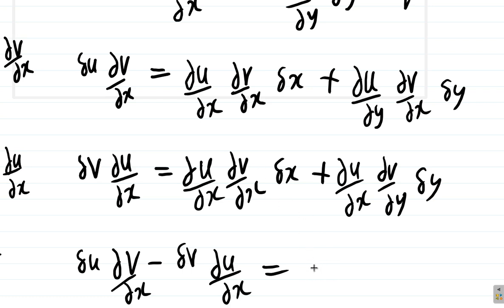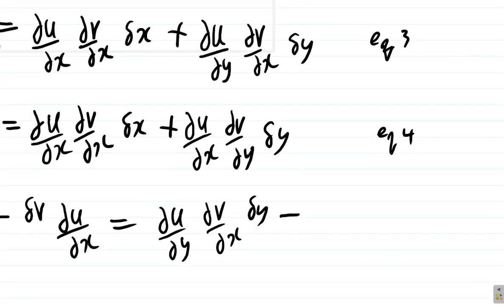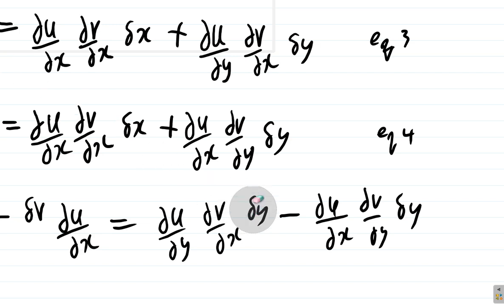Right? This is equal to this minus this now. Delta u by delta y, delta v by delta x, change in y, minus delta u by delta x, delta v by delta y, change in y. You see that? But you see this change in y, the delta y. You could just factor it out, right? You factorize and put it outside the bracket.